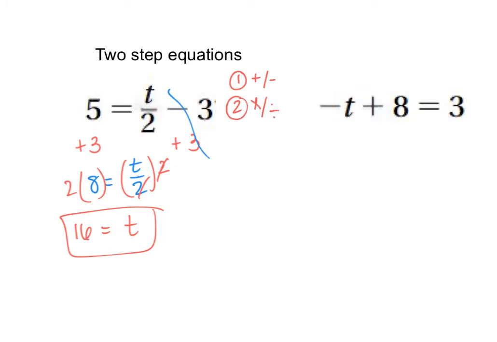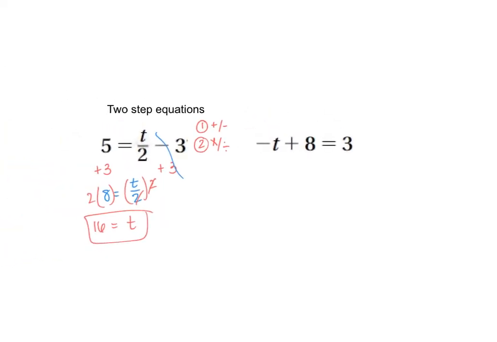Okay, so we've got negative t plus 8 equals 3. Again, first step, add or subtract. So let's take away this 8. We're going to be left with negative t equals negative 5. Our second step is to multiply or divide. In this case, this negative t is the same as negative 1 times t, okay?